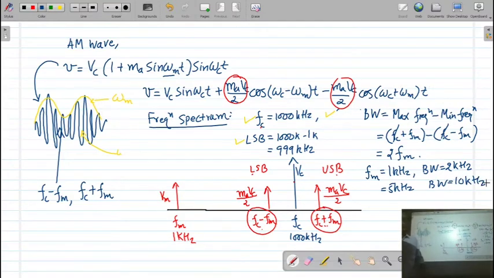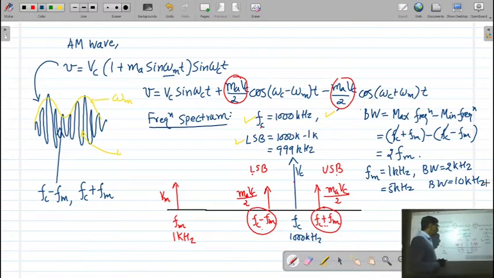So here the bandwidth of the system is not a constant quantity. It is changing with the modulating signal. And actually it is not good. For any kind of system, the bandwidth should remain constant.